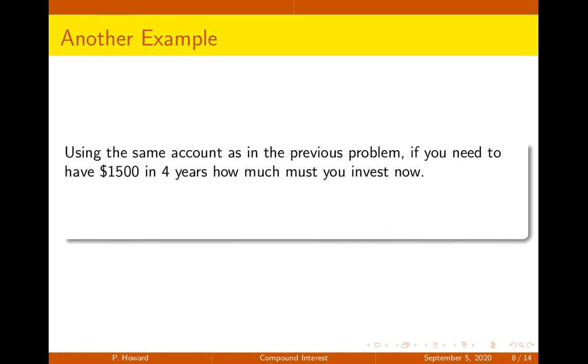Okay, let's try another example problem. So we're using the same account as in the previous problem. That's 2% annual interest compounded monthly. Let's suppose that you need to have $1,500 in 4 years. How much do you have to invest now?